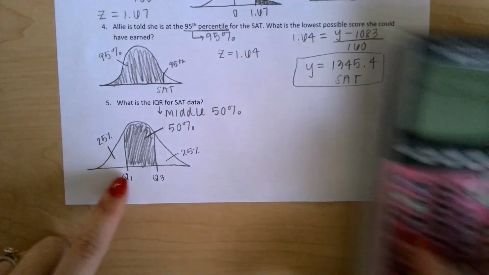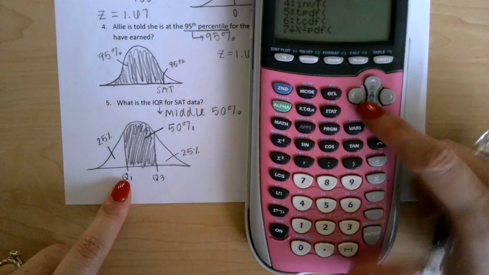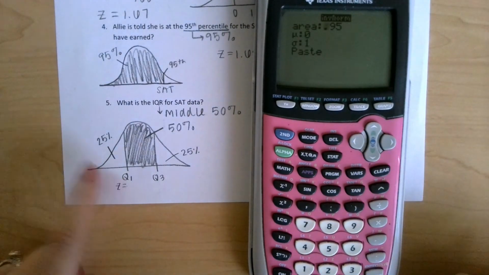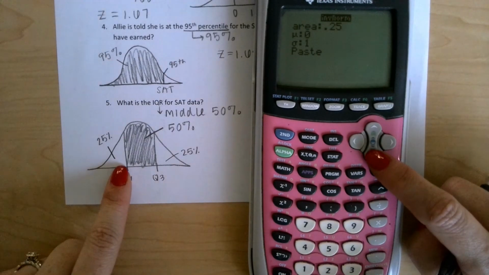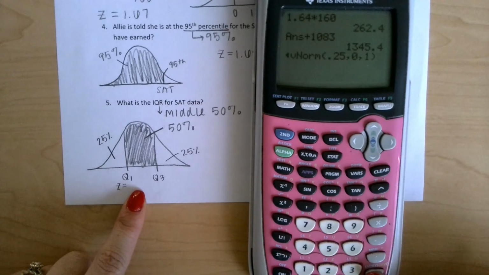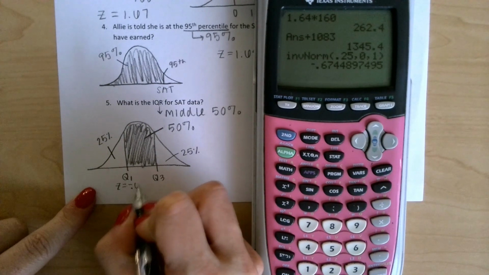So to find the z-score for Q1, I'm going to go back to my second vars inverse norm. The area I'm using is 0.25. That's on the left-hand tail. And I got a z-score of negative 0.67.